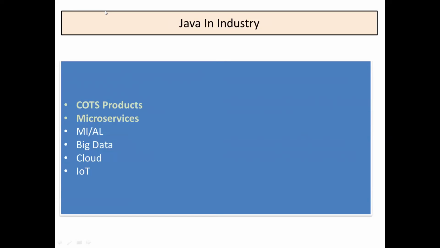Say, for example, you have a device in a car which is communicating with your location service system to track where your car is moving. There will be a device in your car sending some data over the network, and there will be a server receiving the data and doing some analytics on it. So again, Java is being used in IoT.